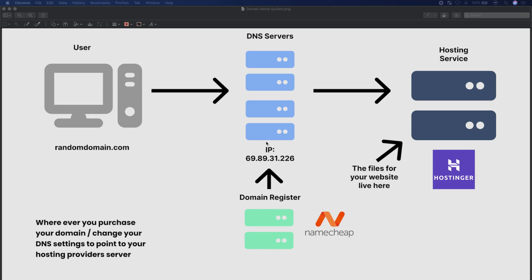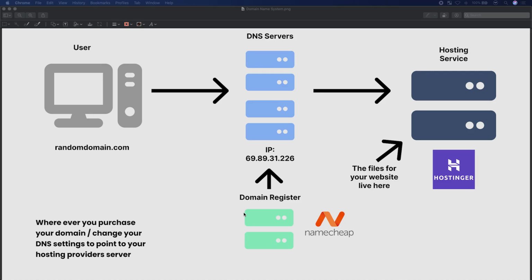It checks and it says, oh, look, we have our DNS servers that are set to this IP address, essentially. Or our DNS servers are pointing to this IP address, and that IP address is the hosting server for the website. Okay, so that is effectively it.